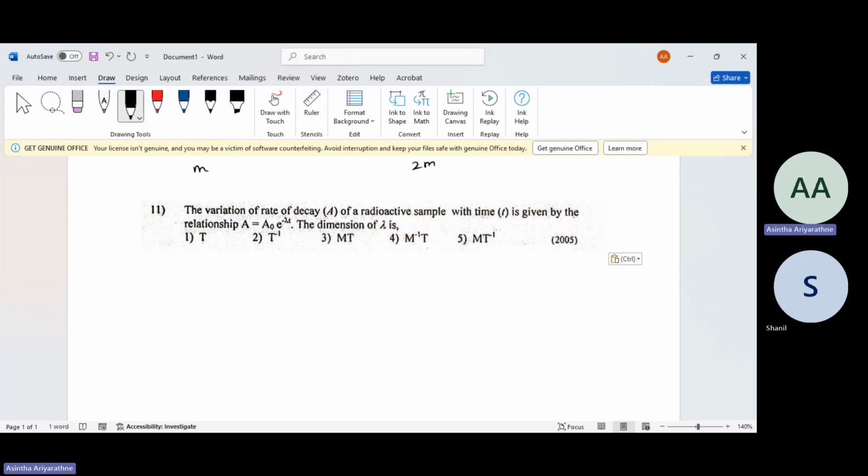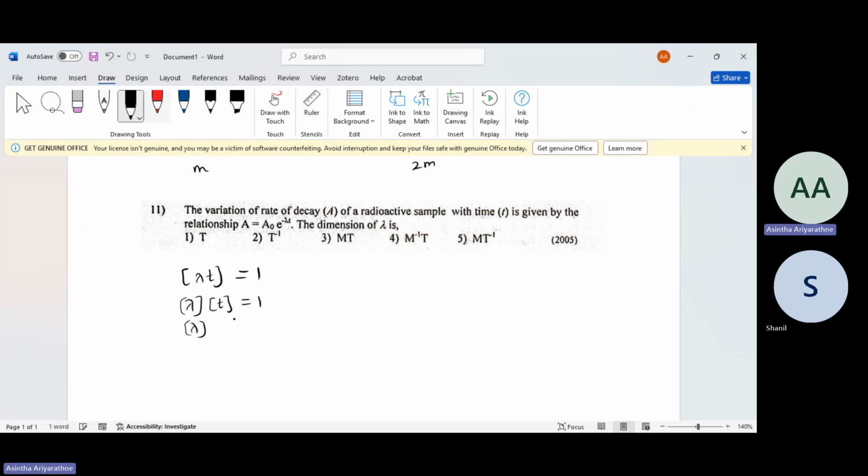We don't know anything. So always, the dimension of the index should be what? Here the index is lambda T. It should be 1. So dimension of lambda times dimension of T is 1.